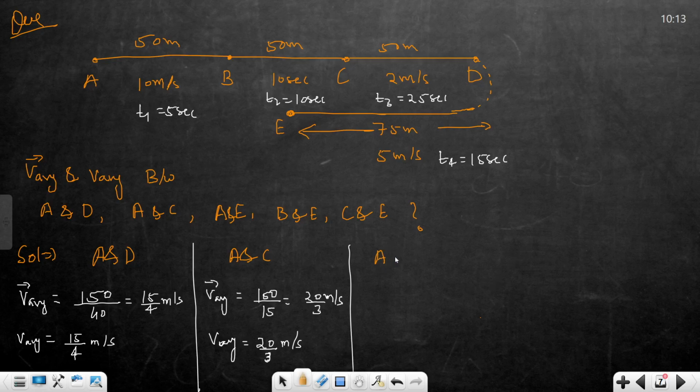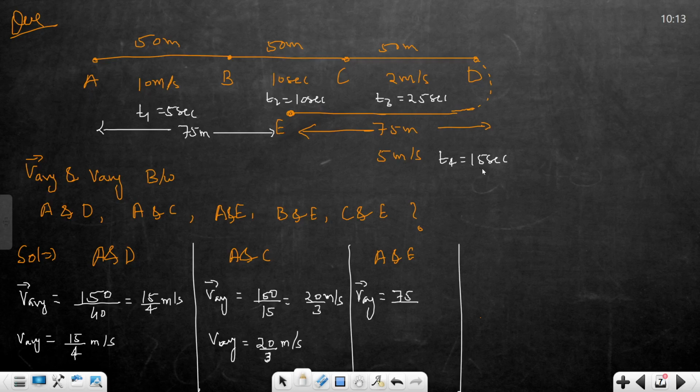Next is A and E. So when you calculate between A and E, you have to take a little bit of precaution because the direction is changing. So what about the displacement between A and E? It will be 75 meter. Clear? So displacement will be 75 and time taken will be the entire time interval, 5 plus 10 plus 25 plus 15.